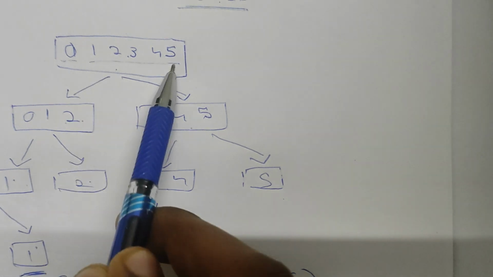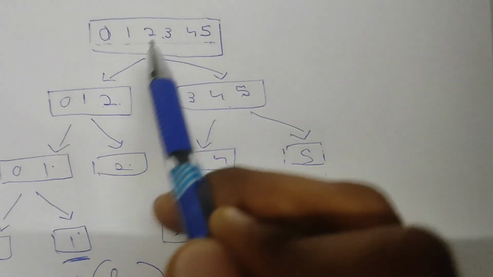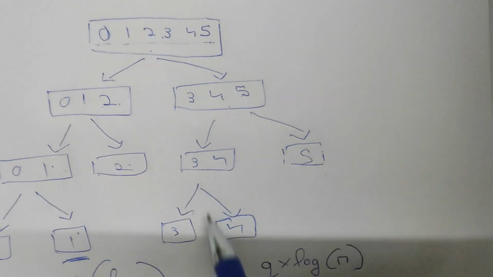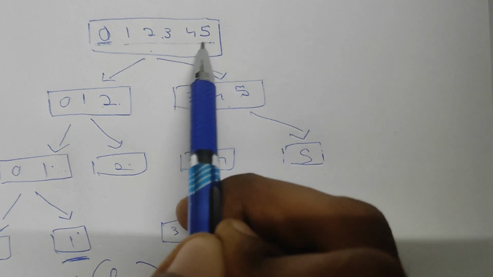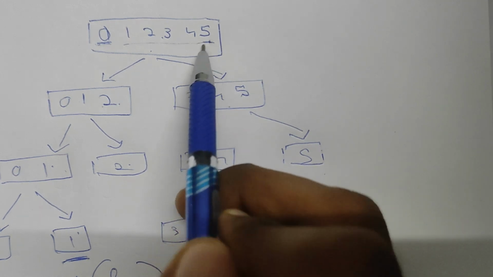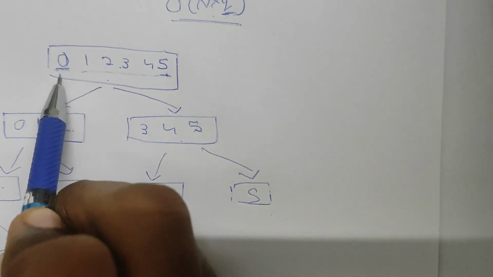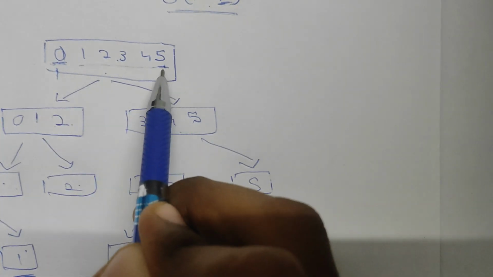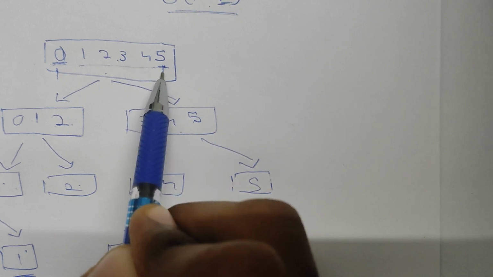The elements in between would be handled by the recursive calls. So we have the option to either choose this leftmost element or not, or either choose this rightmost element or not.